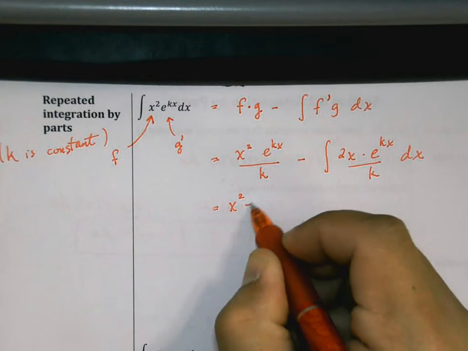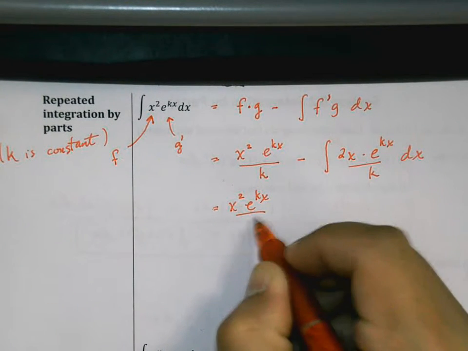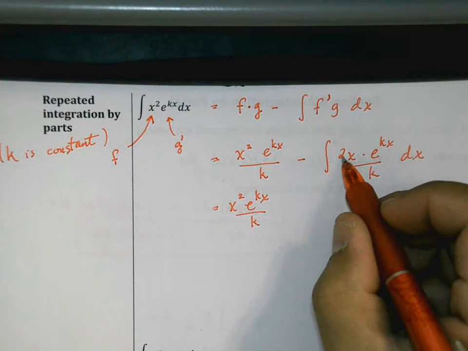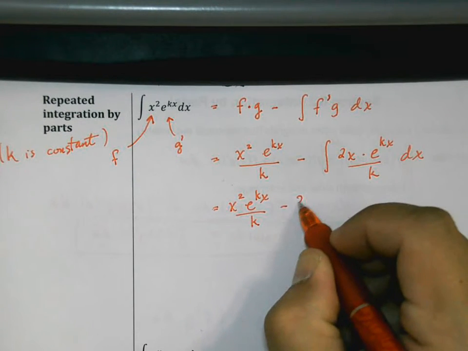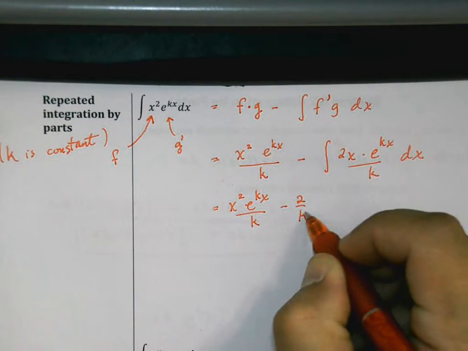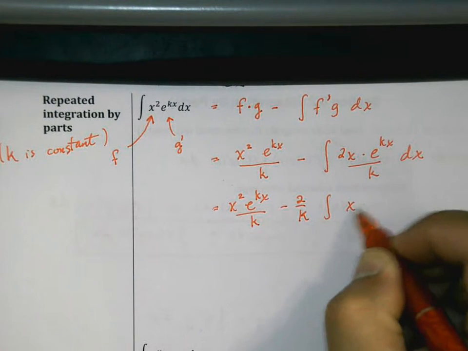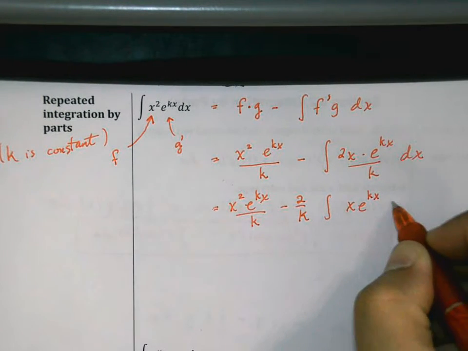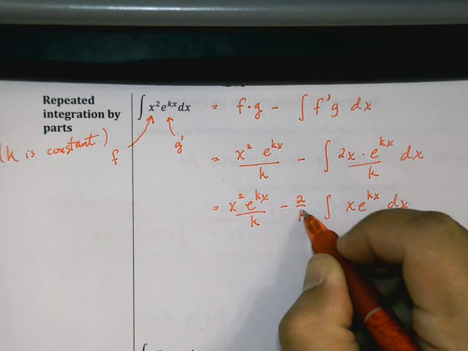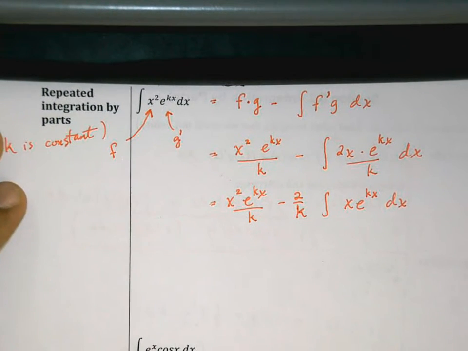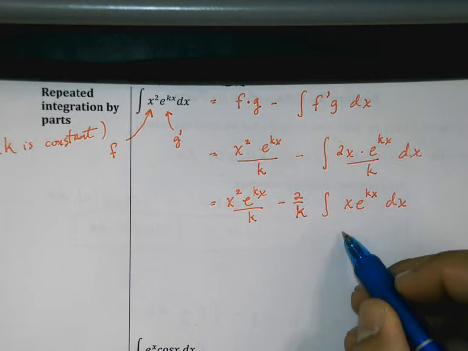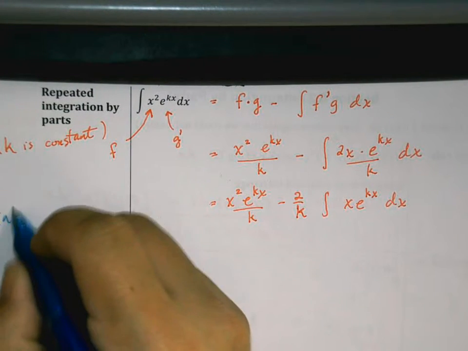So this is equal to x squared e to the kx over k. I'm going to pull out the 2 and the k, just so that the next part of our integration will be a little bit simpler. Okay, so now I'm going to integrate by parts again.